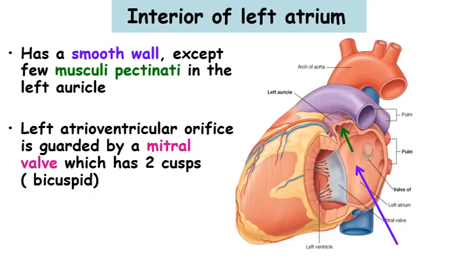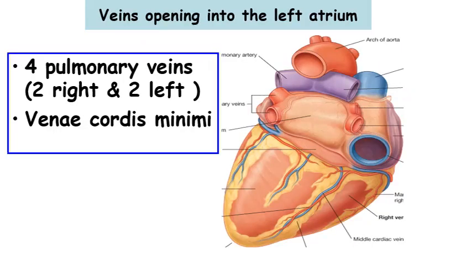The left atrioventricular orifice, which allows the blood between the left atrium and the left ventricle, is guarded by a bicuspid, or a double, or two cusps valve. We call it the mitral valve. This is the mitral valve cusps.